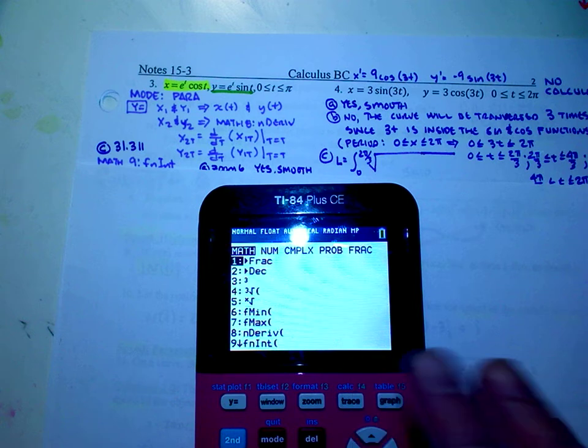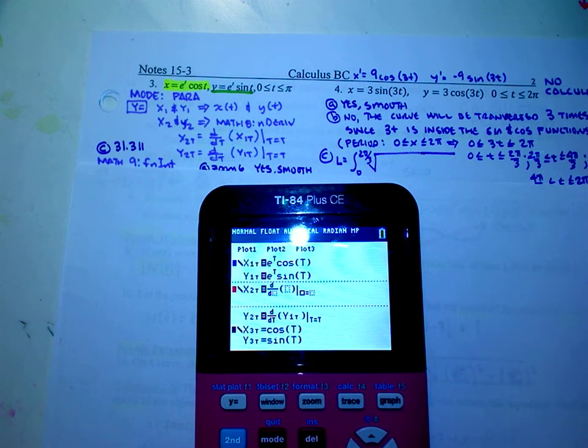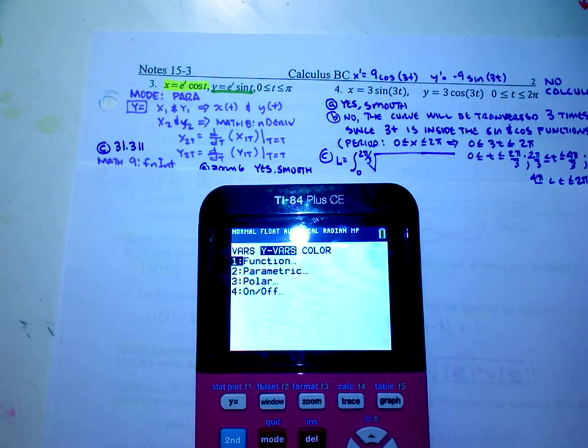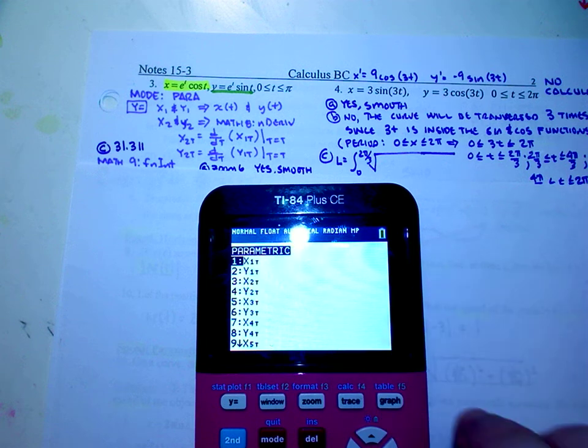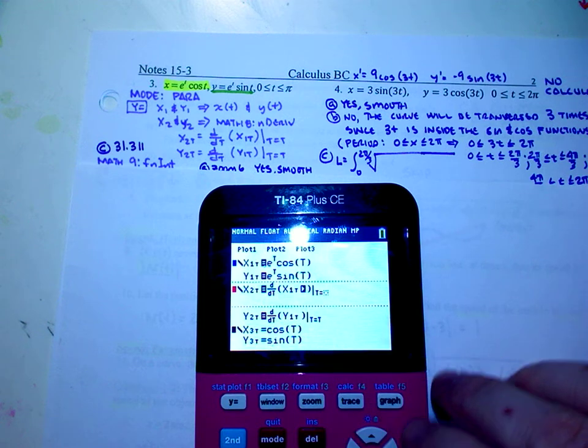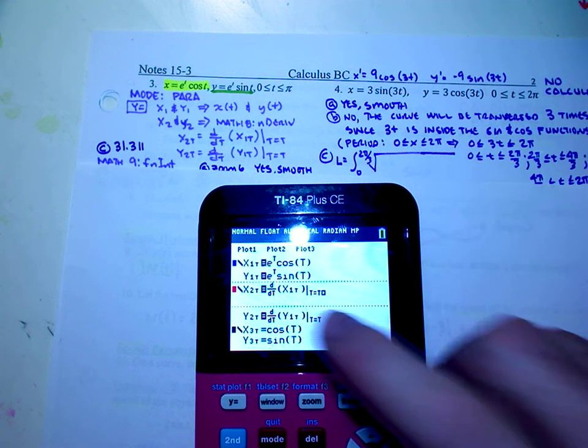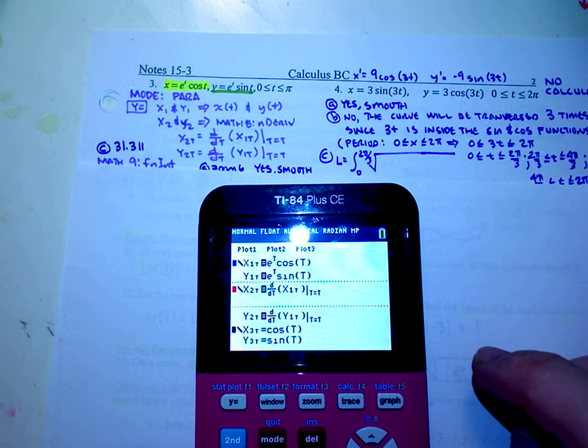You're going to go to math, and our derivative is 8x, and then we're going to go to our vars, and our y vars, we're not under function anymore, we're under parametric. So go to parametric and enter in x1 for this one, and of course y1 for the next one. That goes in here, and then we take the derivative with respect to t. And likewise, you'll do the same thing for your y2 value.